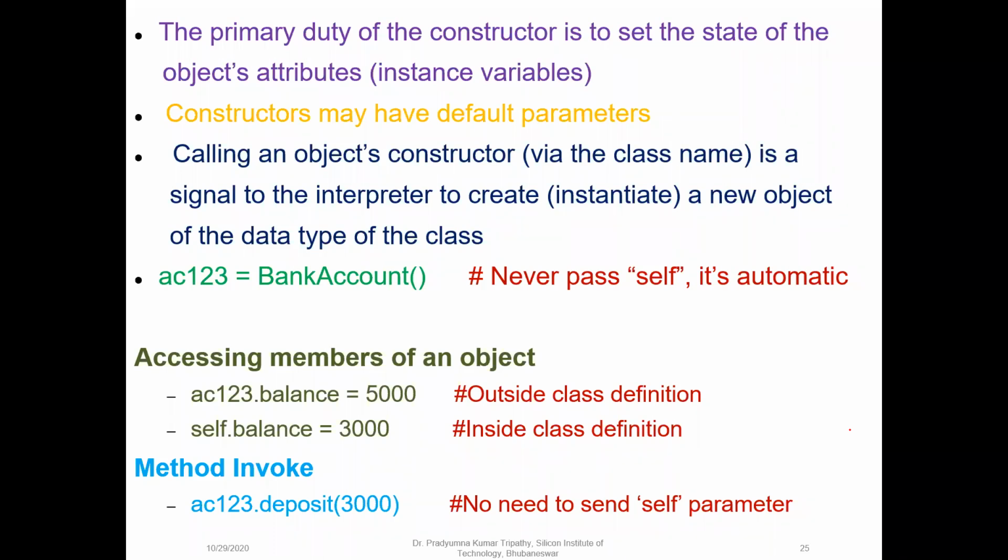So the moment you write account123 equals BankAccount, you are calling the object constructor and creating an object. Here you don't need to pass self, never pass self as it's automatic. You don't need to pass anything over here, just the class name and the method for which it will create an object.